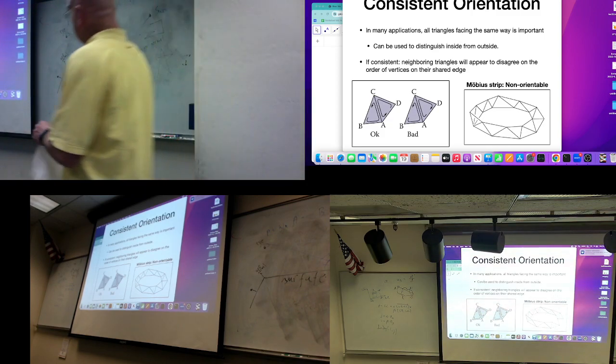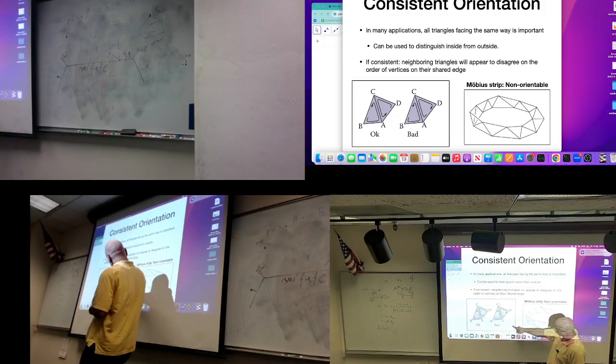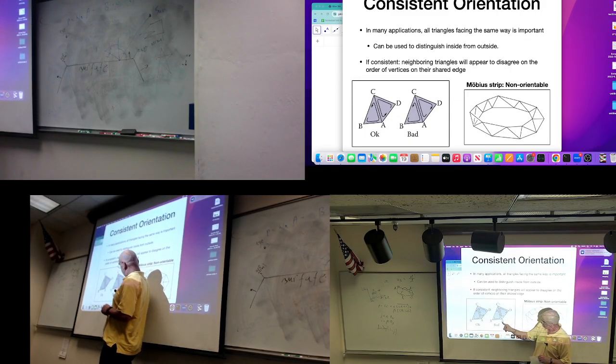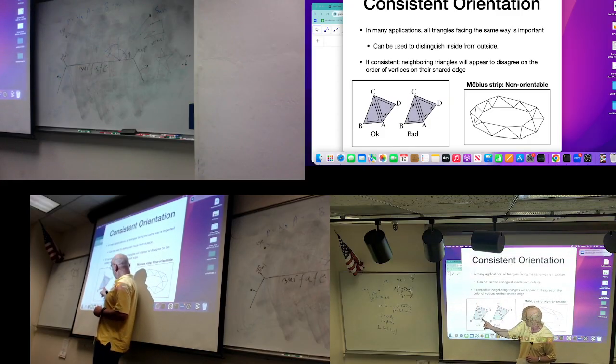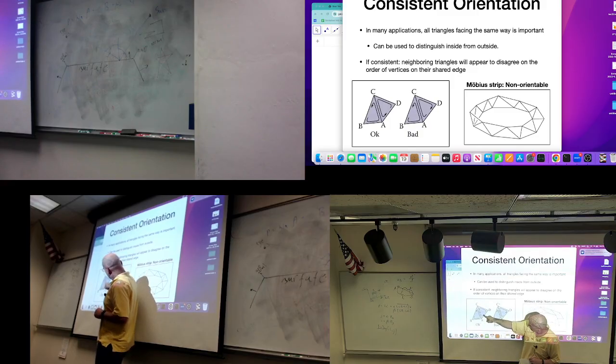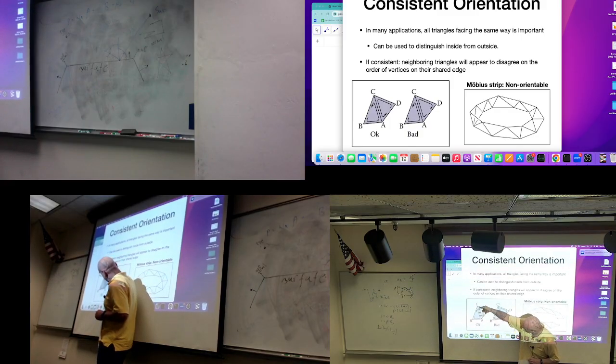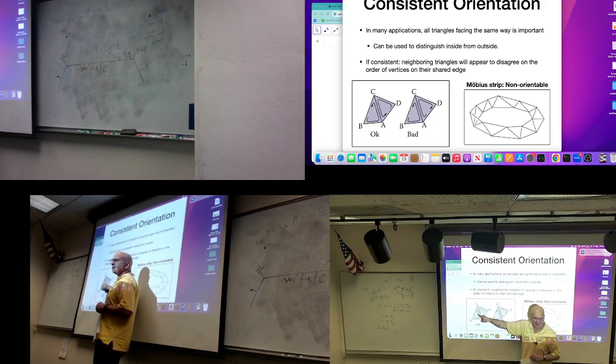Now it should mean that if I'm walking along this edge, the edge from A to C, whether I walk along this triangle or along the neighboring triangle, I'm crossing the edge in the opposite direction. Per each triangle, the edge is crossed in a counterclockwise order.